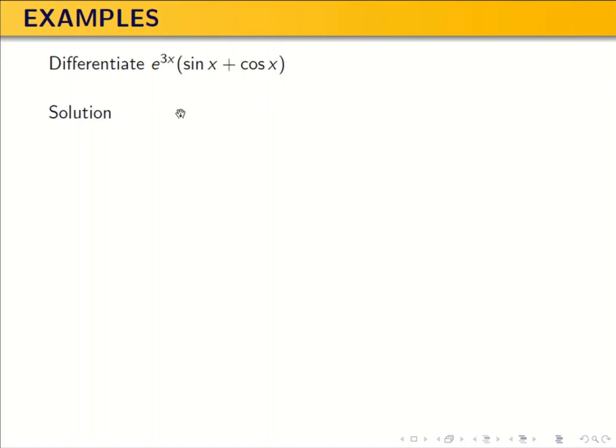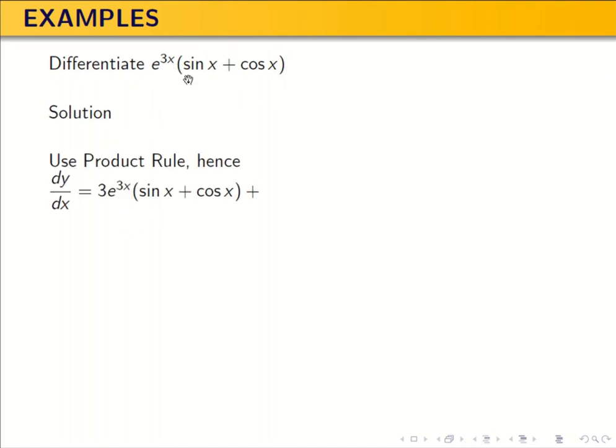So we keep this one, then differentiate the other side. The differential of e to the power 3x is differentiating the top and multiplying by the same thing. Differentiating 3x, I get 3 times e to the power 3x, and I keep this side, sine x plus cos x.